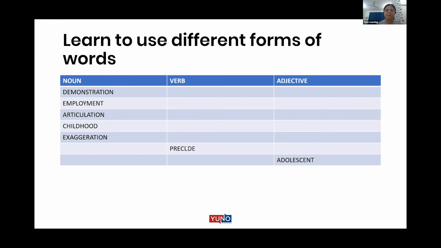Okay, what does the word precede mean? I've got some message in the chat box also. Okay, Khushbu. Right, precede. What about the word precede? Yes, okay, Neeraj, go ahead.